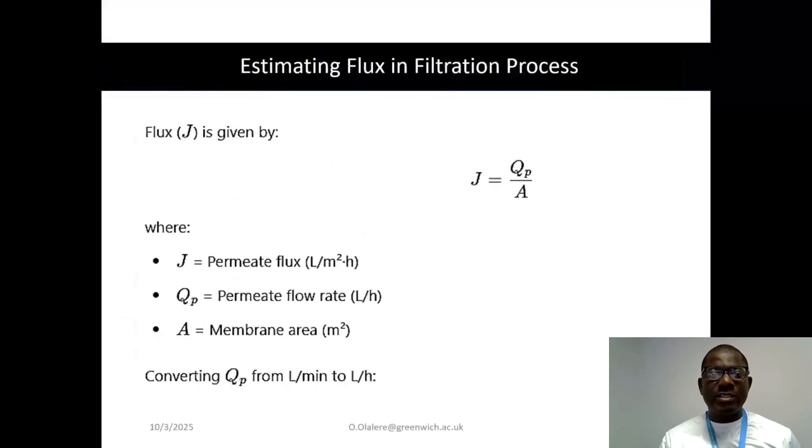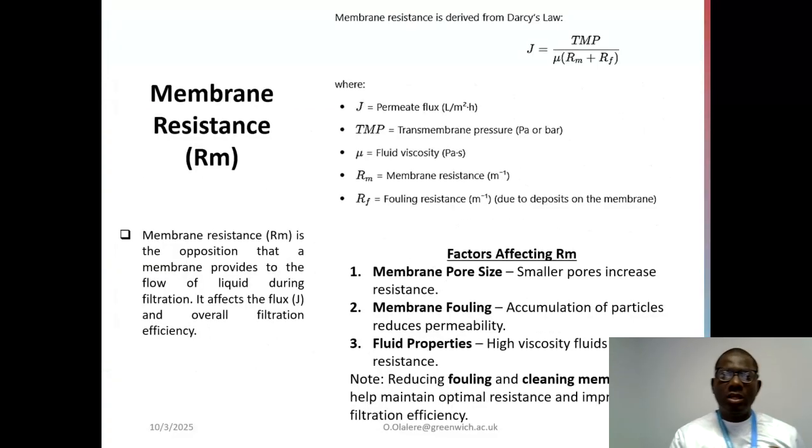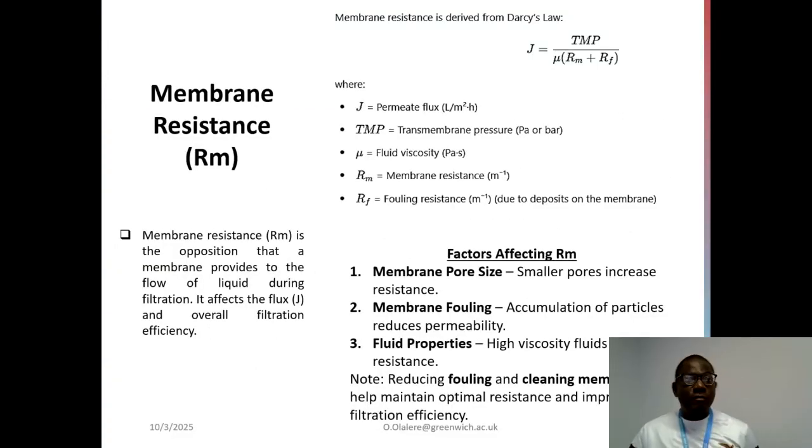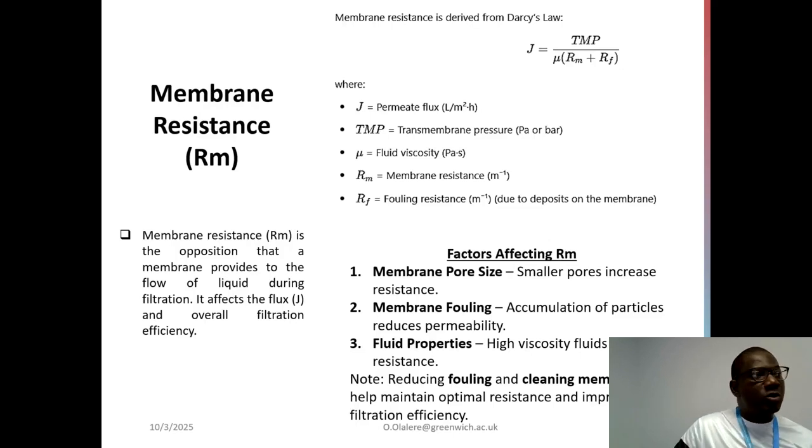So for membrane resistance, this is the formula: J equals TMP. What is TMP? Transmembrane pressure, divided by what? Fluid viscosity times Rm. Rm is the membrane resistance. Then we have Rf. That is fouling resistance due to deposits on the membrane.